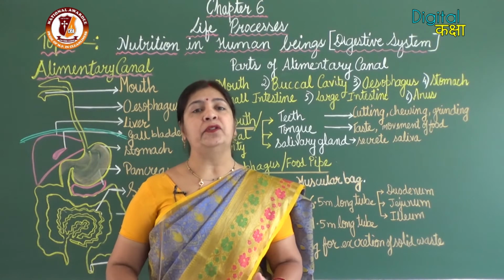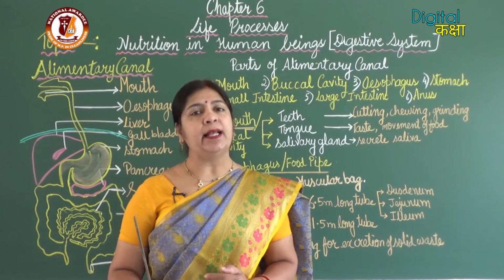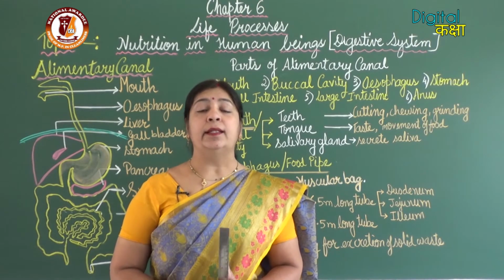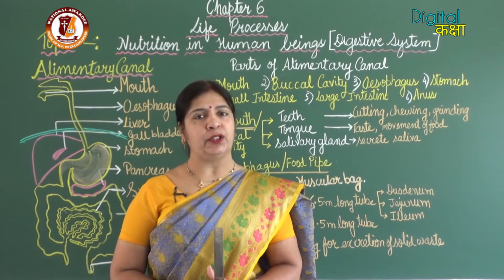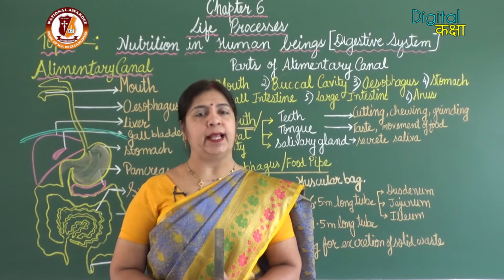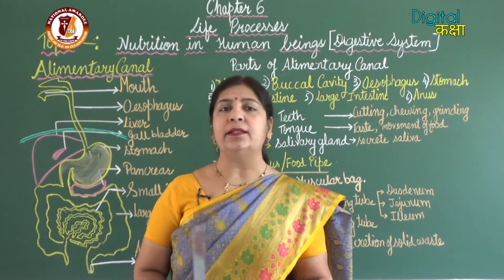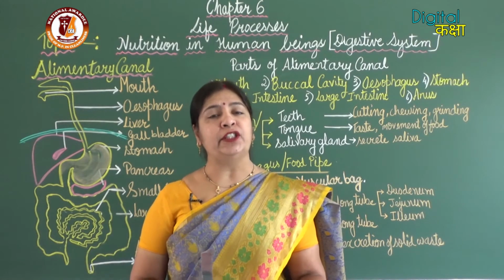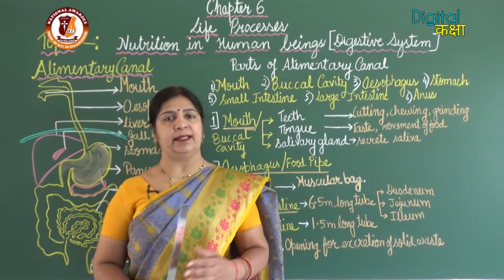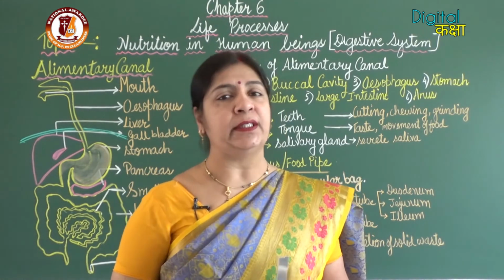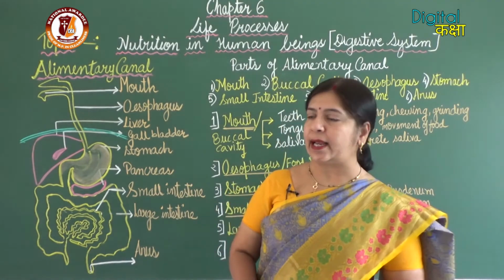These muscles contract and relax, and they help to push the food forward towards the stomach. This contraction and expansion of the walls of the esophagus is known as peristaltic movement. So, esophagus is the tube which connects the buccal cavity and the stomach.